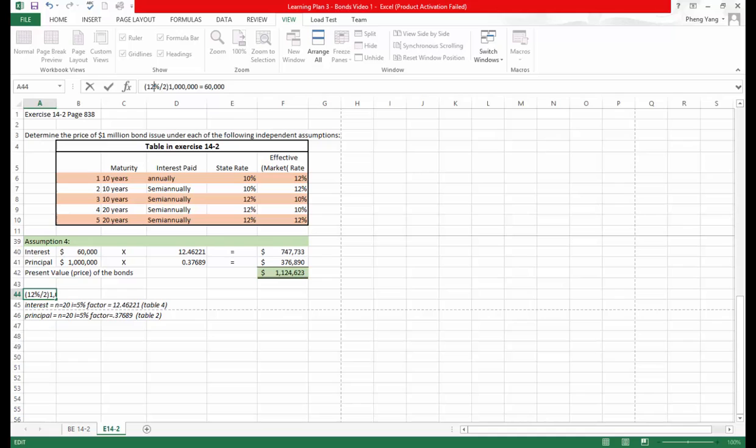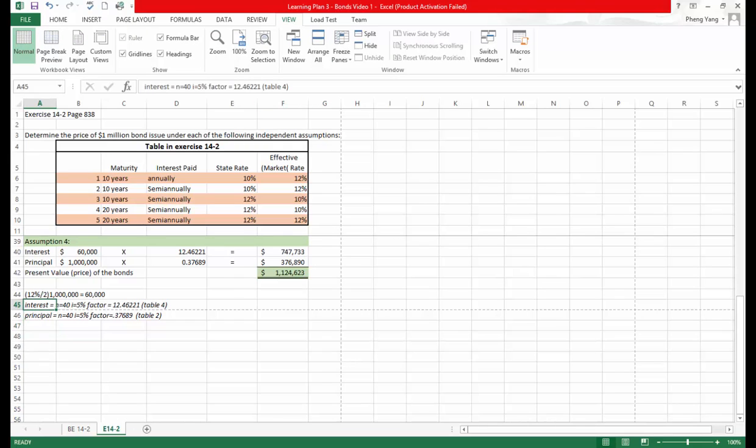That should equal 60,000, which is what we have. Our interest is going to be 5% still, but the number of periods is going to be 40 now. Remember, it's 20 years, interest is calculated twice a year, so 2 times 20 is 40.